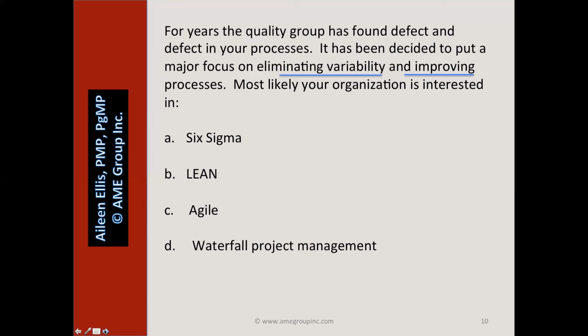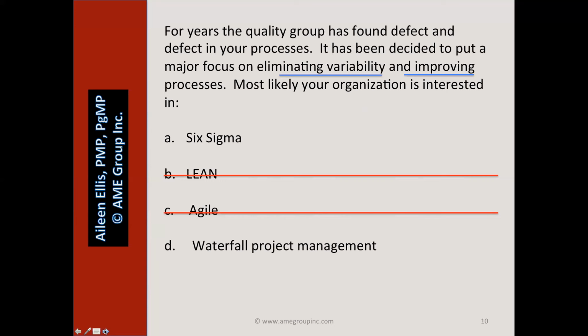Let's look at other answers. Lean. When I think of lean, I think about maximizing customer value by eliminating waste. When I think about agile, with agile, we're not trying to eliminate variability. I cross that one right off. It just doesn't fit in this context.